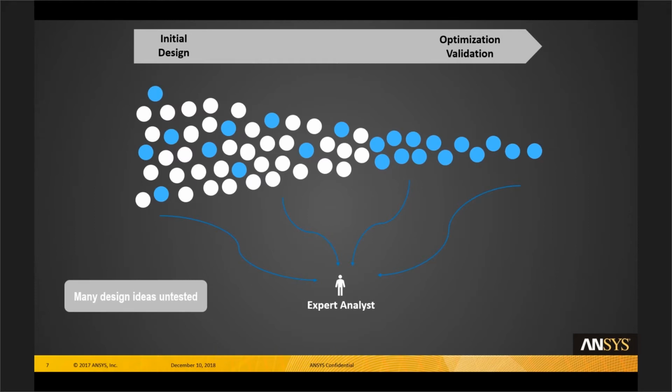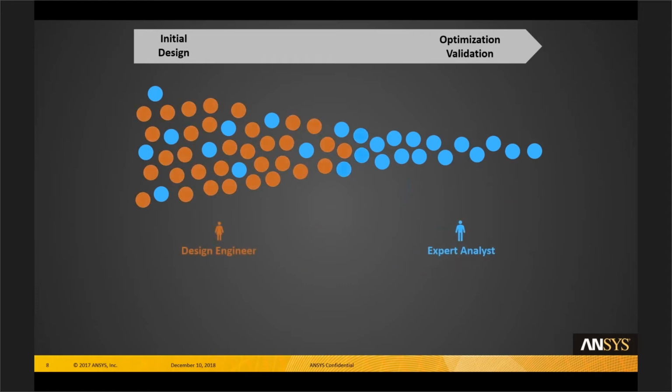And this, of course, reduces the innovation that your company can take advantage of. So what if the design engineer could use Discovery to evaluate some of these early design ideas and identify the best candidates to move down the road and have the expert analyst look at in more detail using ANSYS flagship tools? This is exactly what we're trying to do with Discovery.